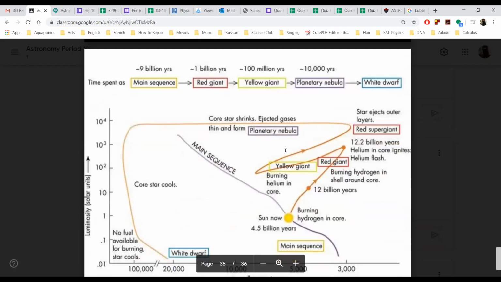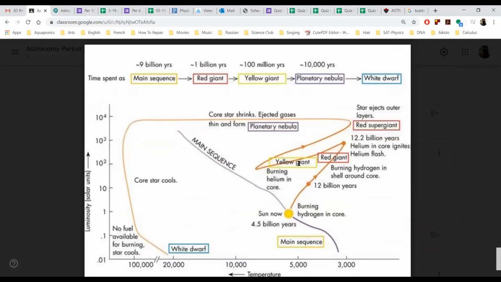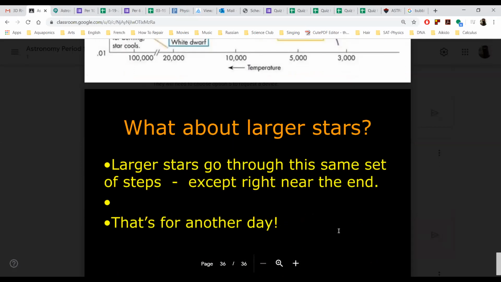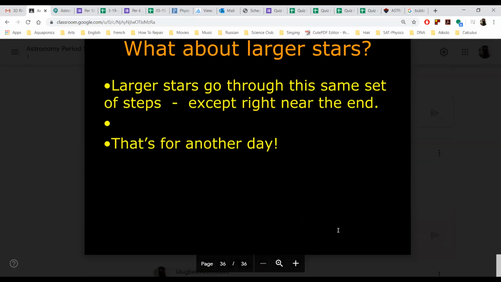Slide 35 shows you the white dwarf at the bottom left of the graph. As it loses heat, it will drift to the right of the graph and become invisible. Larger stars, we'll talk about them in a different slideshow. Are there any questions?